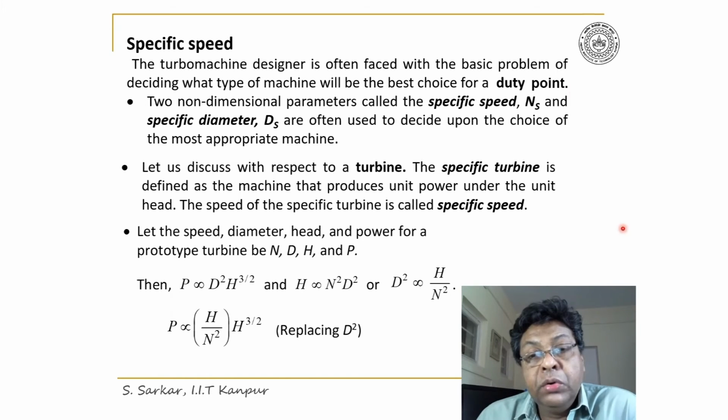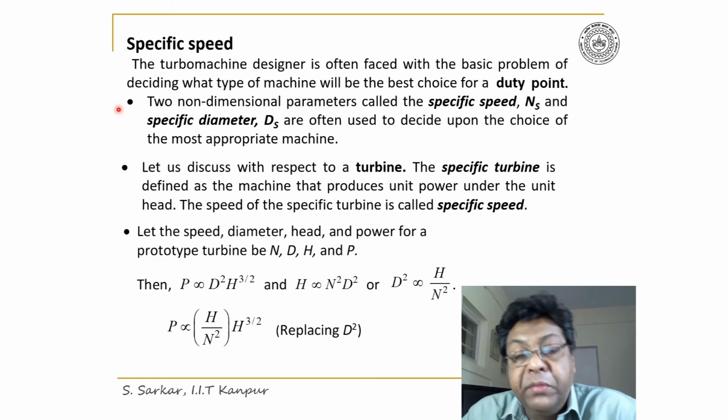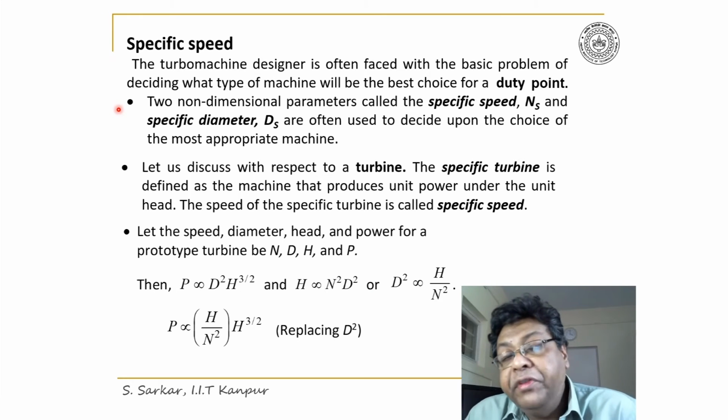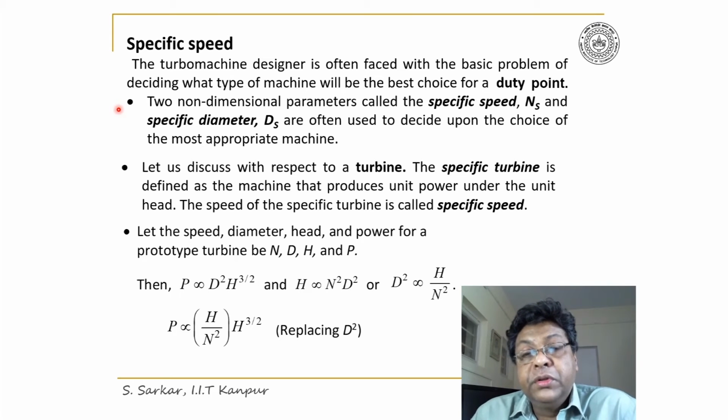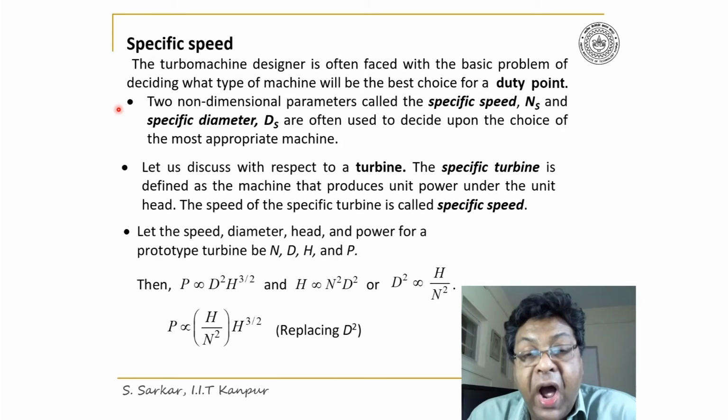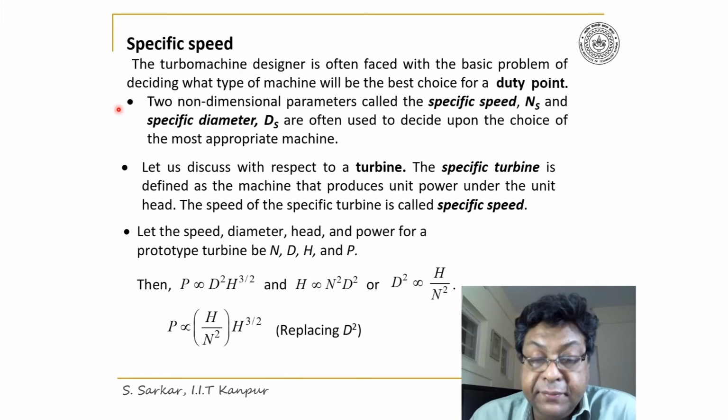With respect to this, the two non-dimensional parameters called the specific speed Ns and the specific diameter Ds are often used to decide the appropriate machines which will provide the maximum possible efficiency for the design condition.